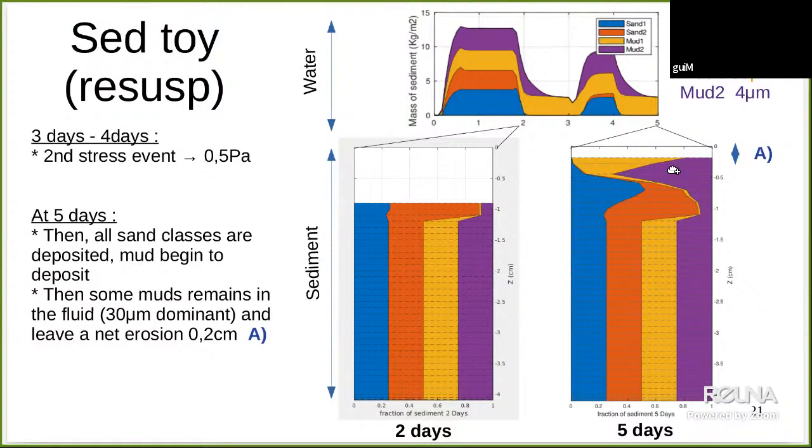For erosion, the mud classes erode here, and they remain in the water column also. And also we can see that we have a net erosion between the beginning at 0 and the last. At 5 days, we have a net erosion of 0.2 centimeter.